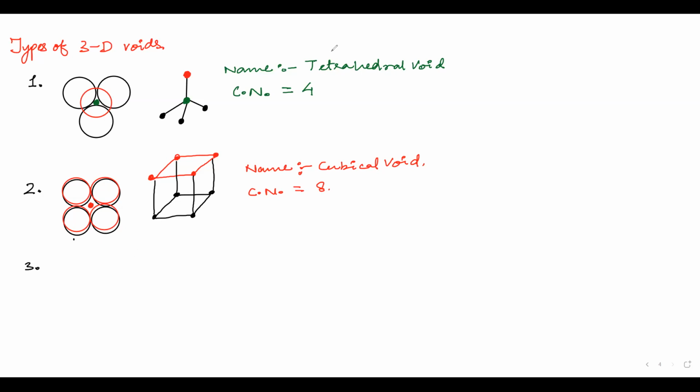Now you have the third type of void in 3D voids. So here you have 4 atoms, as you had. Now just imagine there are 4 people who are holding these footballs above the ground like this. When they are holding them in their hands, it will obviously be above the ground, right?